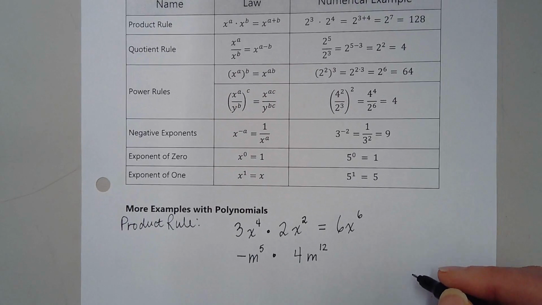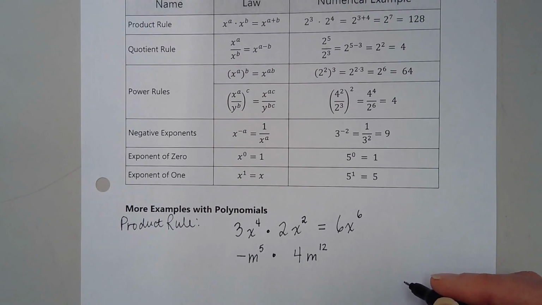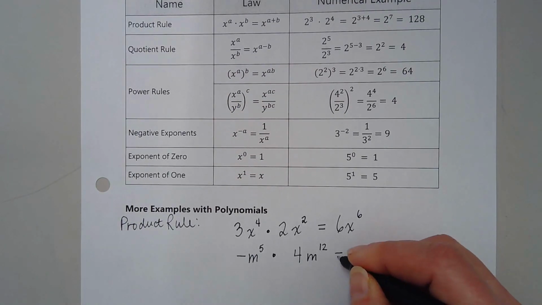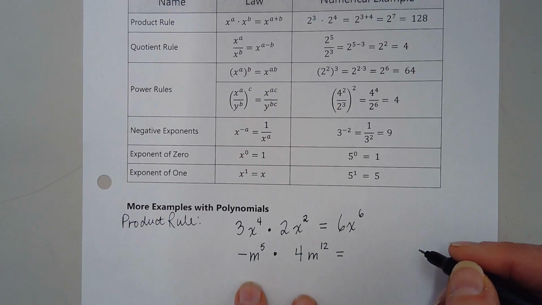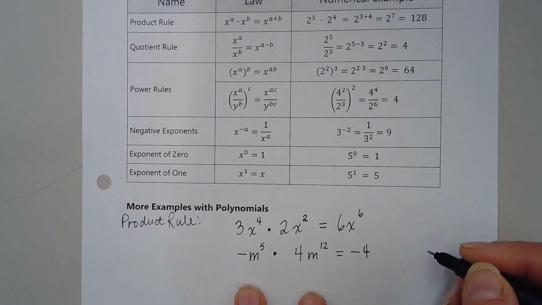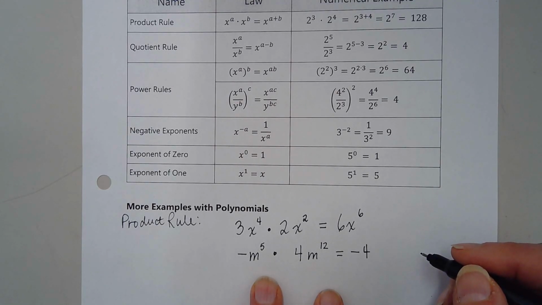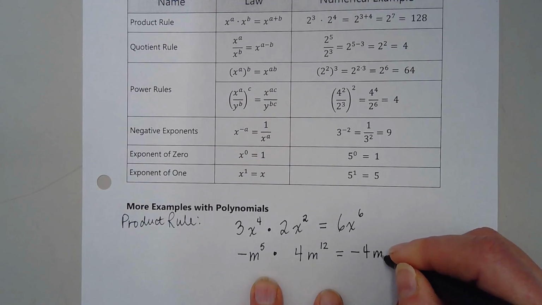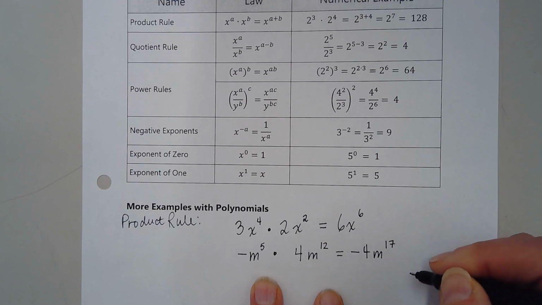If I told you to multiply these two monomials together to simplify, what would you end up with? Negative 4 is the coefficient, right? And how many m's do we have altogether? Yeah. Okay.